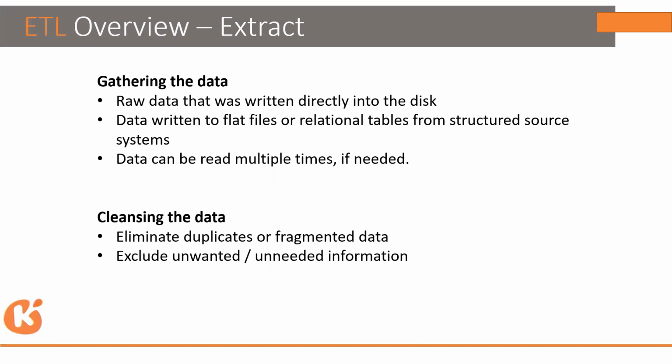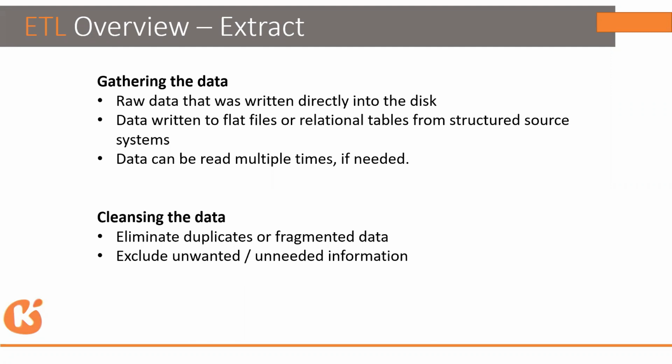Coming to the detail, in extraction, what we do is gather the data first. It will be raw data, whatever is there in the system. We gather that information, and it might be flat files or tables. Everything should be structured in tabular format so that we can read the data correctly, and multiple times if required.